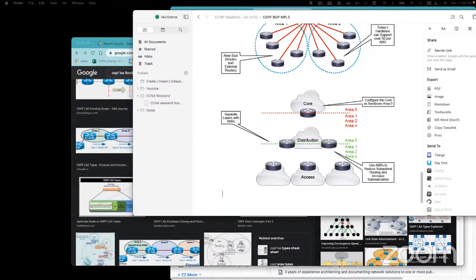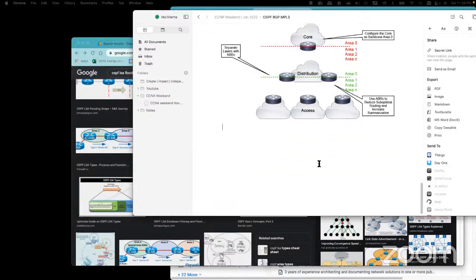Yes, this is what we all discussed. अगर आपके core में, if in core you have a lot of areas, then it's a problem. Sir, if we have a very less number of routers like 20-25, then all we can connect in area 0. It is okay, no? Yeah.